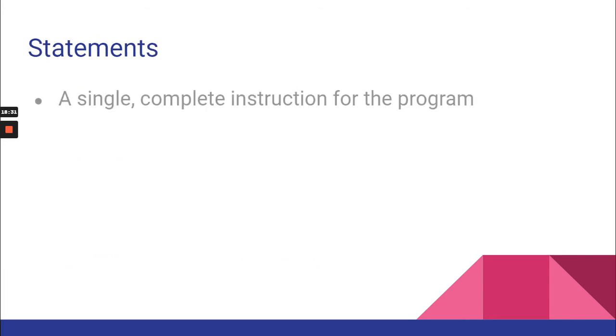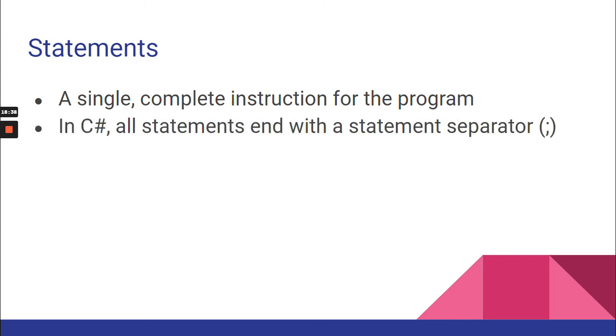Okay. Statements. A statement is a complete line or instruction for the computer program. Statements in C# always end with a semicolon. That's going to drive you nuts to begin with. But just remember to end things with a semicolon.